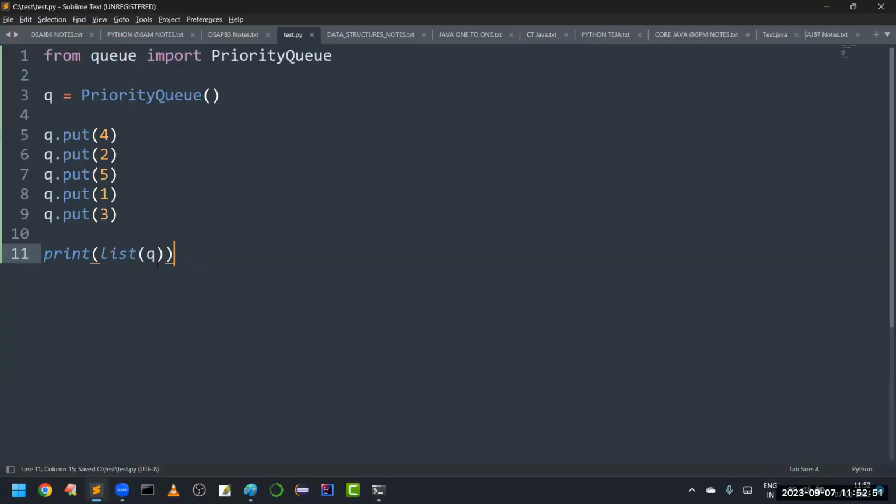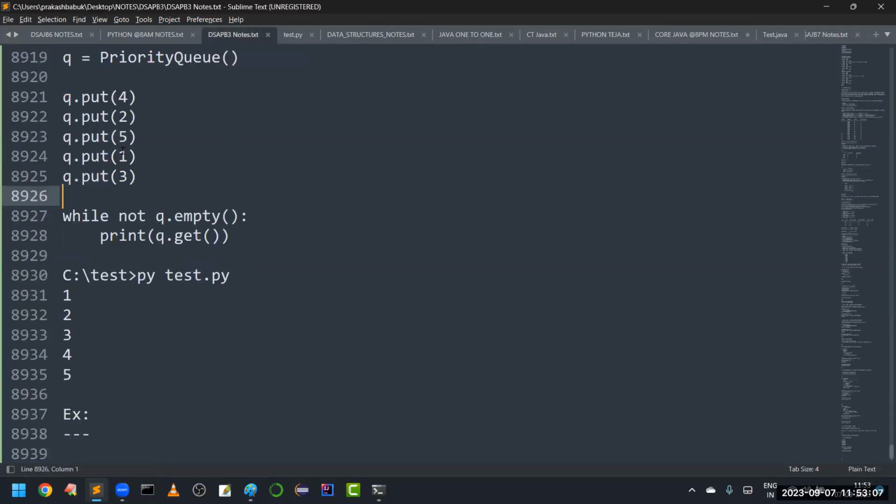No, it is not iterable, so we can't convert it. No problem, you can't view that, leave it as it is. This is how to get the objects one by one from the priority queue. The order in which we inserted does not matter at all, but it always considers the minimum element as having the highest priority.